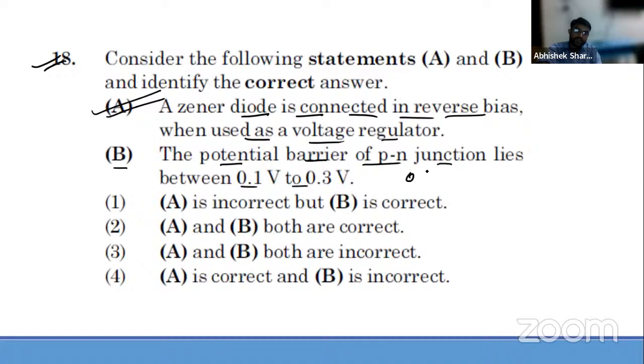Because if you see the NCERT, if you increase the voltage, the graph breaks at something like 0.6 voltage. So the value is 0 at 0.6 voltage, which is exceeding this 0.3 volt. So first is true, second is incorrect. Fourth is the answer. Okay.